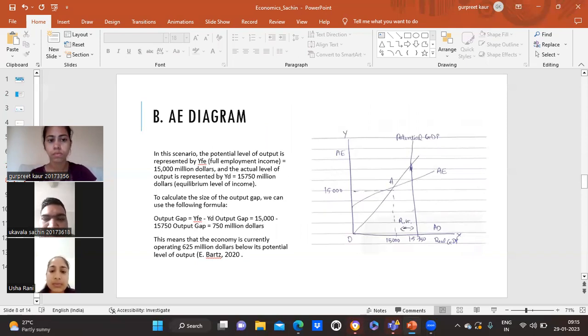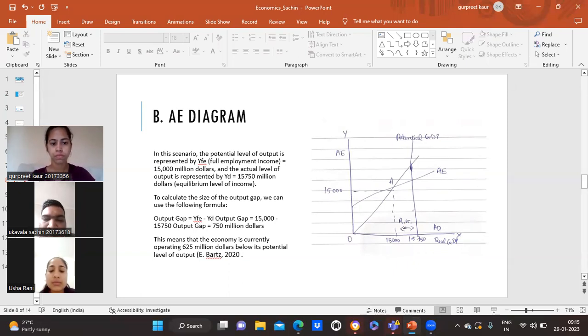Diagram. In this scenario, the potential level of output is represented by YFE equals 15,000 million dollars, and the actual level of output is represented by YD equals 15,750 million dollars. To calculate the size of the output gap, we can use the following formula.